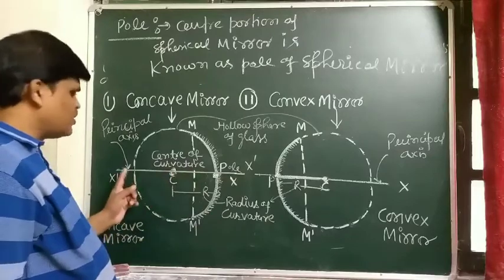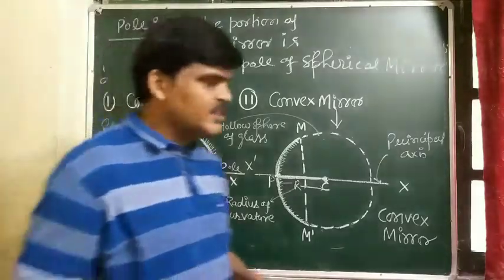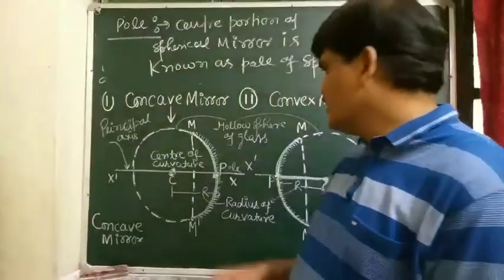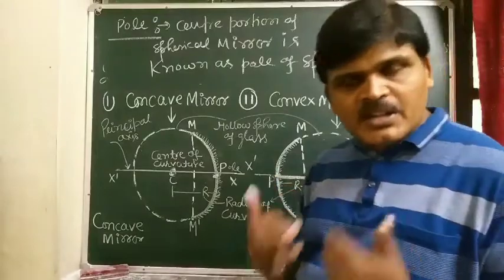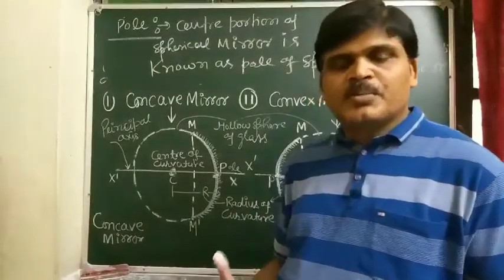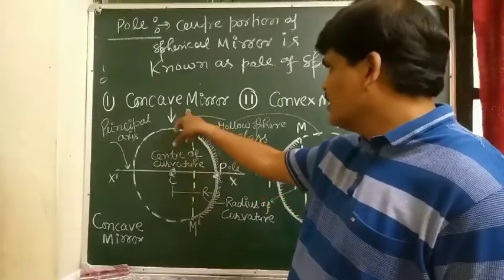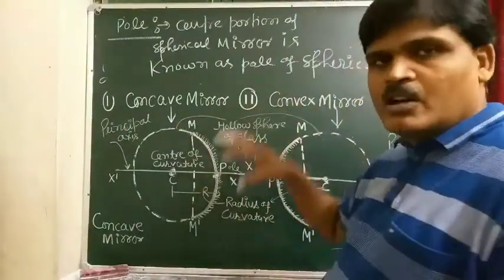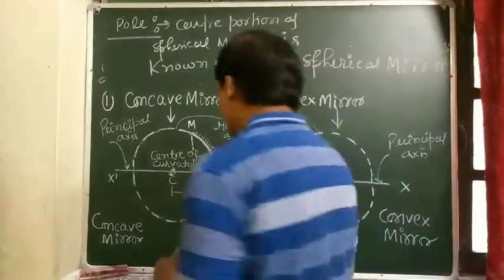This is known as what? Principal axis. So in general we can say that a straight line joining the center of curvature and the pole of a spherical mirror is known as the principal axis of a spherical mirror, whether it is a concave mirror or a convex mirror.